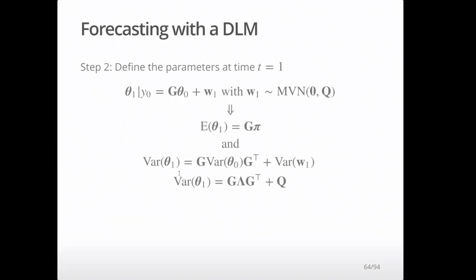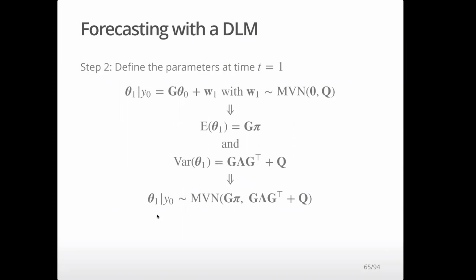So that's going to mean the variance now is G times gamma times G transpose plus the variance of this. Well, that's defined up here. So that's just Q. So now we know what the variance is today, and we know what the expectation is today. So now we have a distributional statement for our parameters today, given the data through yesterday, as a mean of G times pi, and it's got a covariance matrix given by this, G gamma G transpose plus Q.